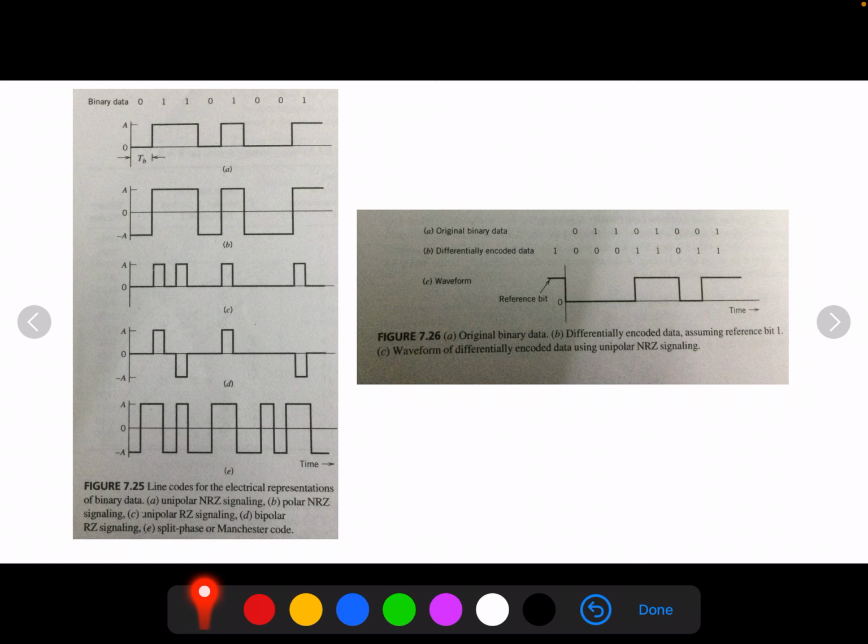The original binary information is recovered simply by comparing the polarity of adjacent binary symbols to establish whether or not a transition has occurred. Note that differential encoding requires the use of a reference bit before initiating the encoding process. So this is about differential encoding.